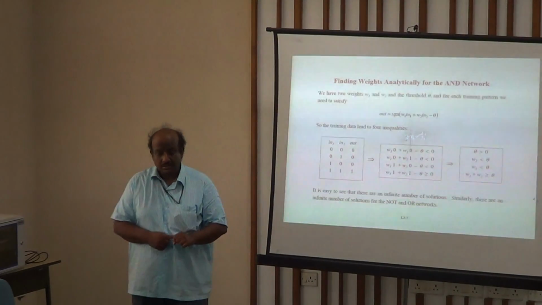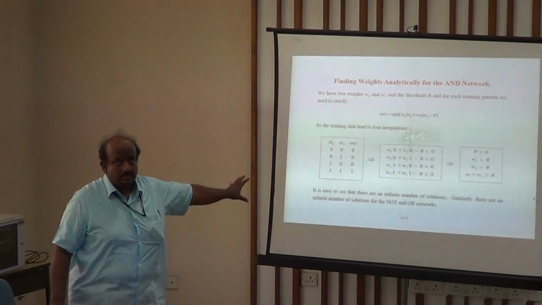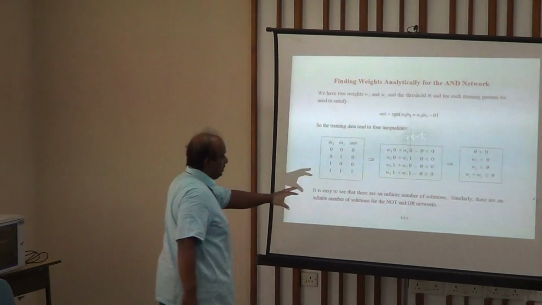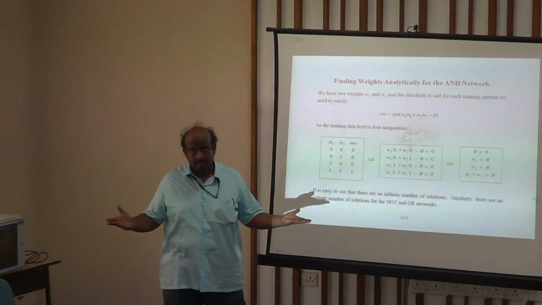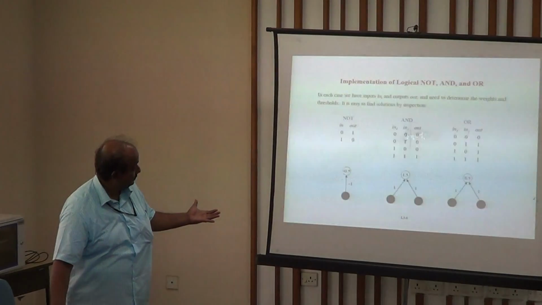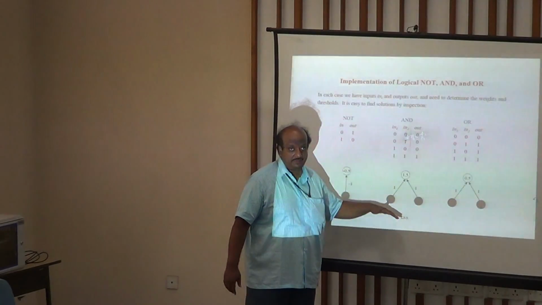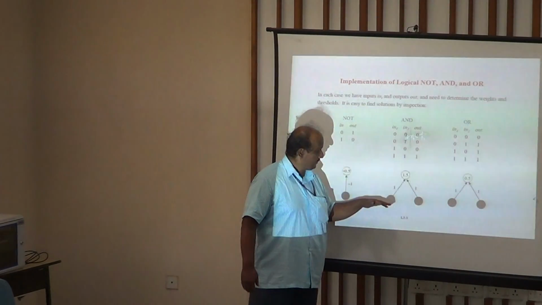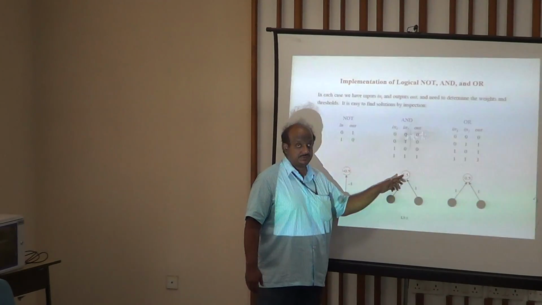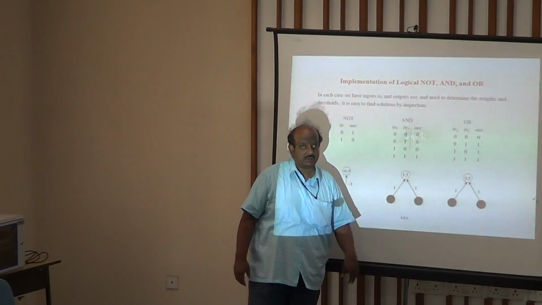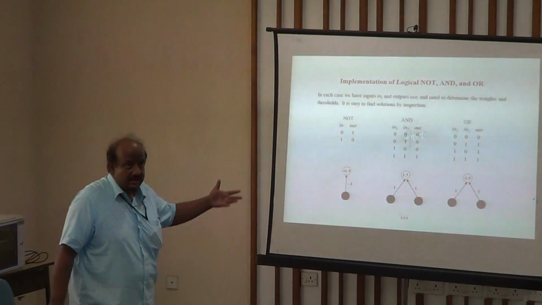Even if at least one such solution exists, what does that mean? It means that if I prepare an architecture like this with 2 nodes at the input, 1 node at the output, with their weights specified like this, and bias at the output like this, it's possible to realize an AND gate by that.